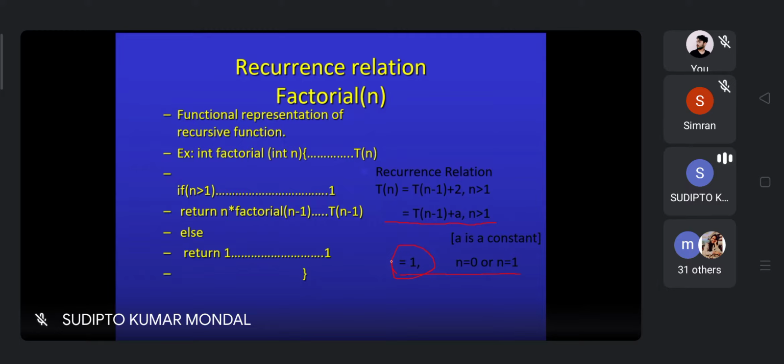T(n) equals 1, it is representing basically what? When n equals 0 or n equals 1. Okay, your views please.